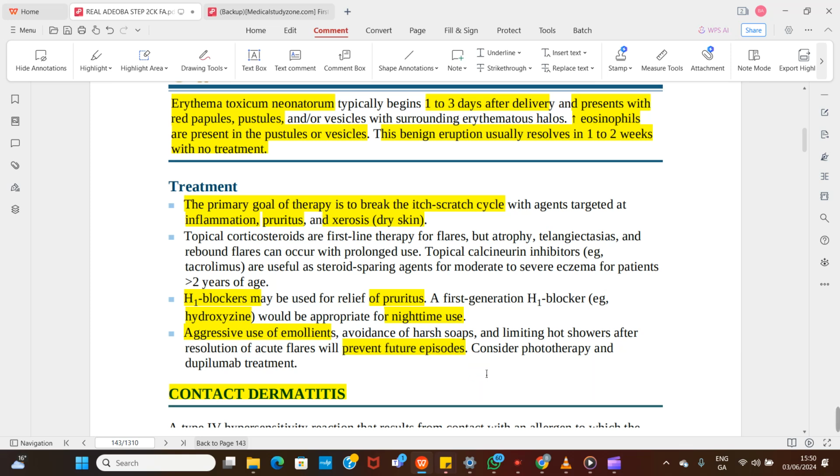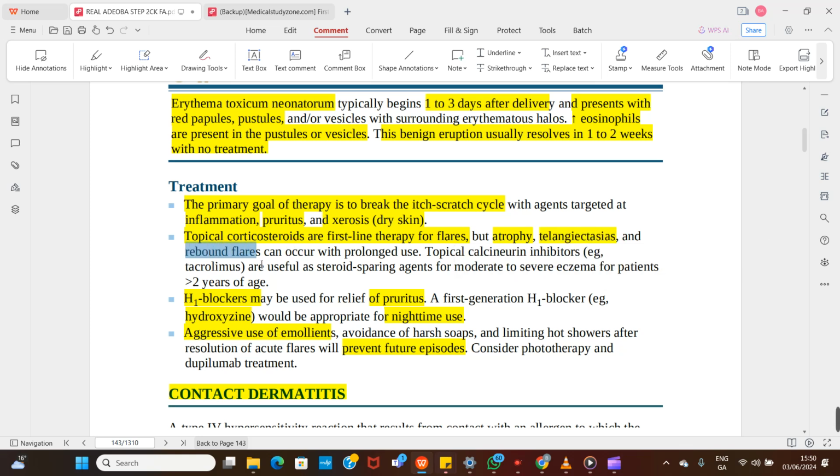But if you want to do your definitive treatment, the first line for atopic dermatitis is what? Topical corticosteroid. Very, very important. So for the flares, you have to give topical corticosteroid. That's the first line, right? But you might want to minimize the use of this steroid, particularly on the face, because of the risk of atrophy, telangiectasia, and rebound flares.